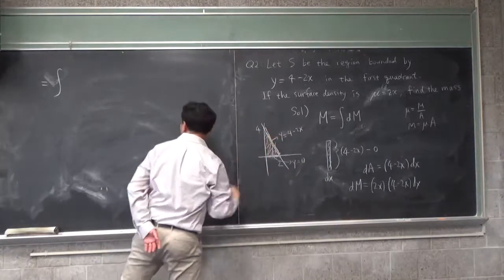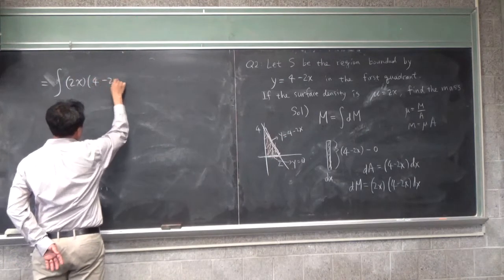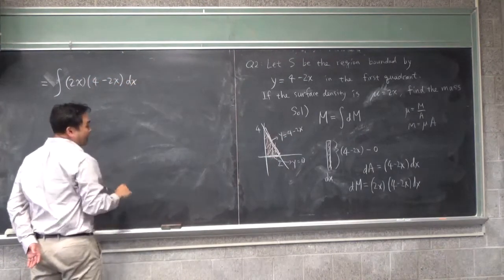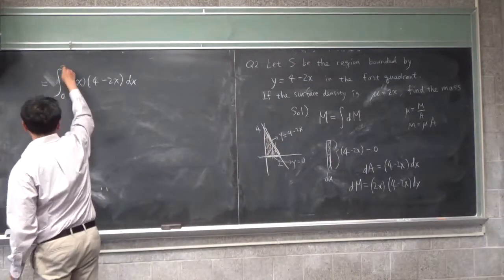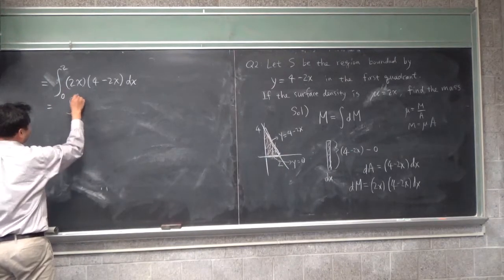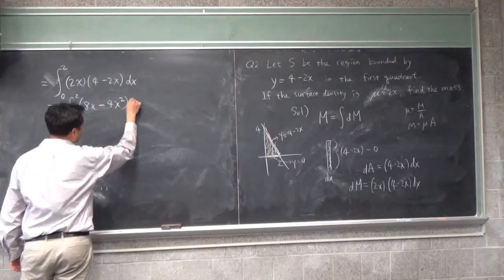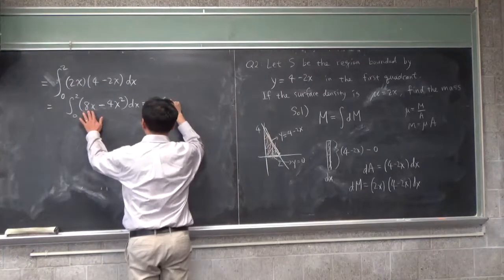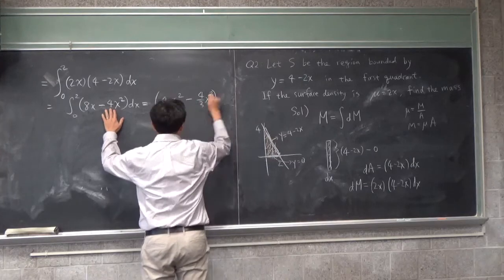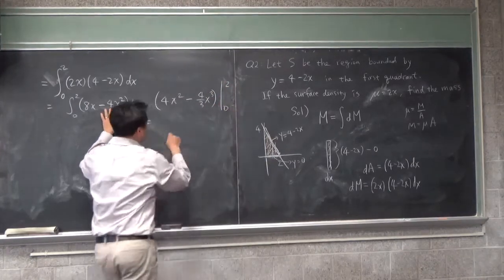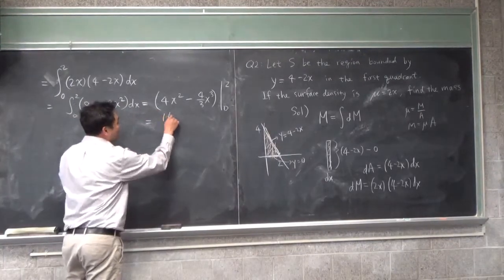The integral of dm is now the integral of 2x times 4 minus 2x dx, and x goes from 0 to 2, which is the integral of 8x minus 4x squared dx. 8x integrates to 4x squared, and this would be 4/3 x cubed. Plug in 2 and 0, and you get 16 over 3.